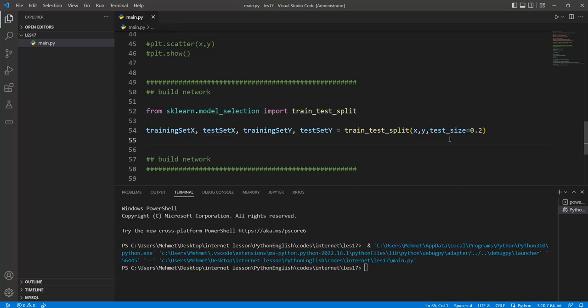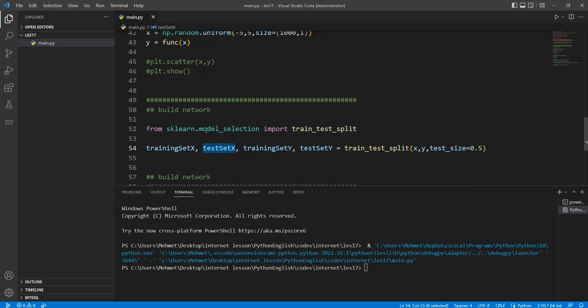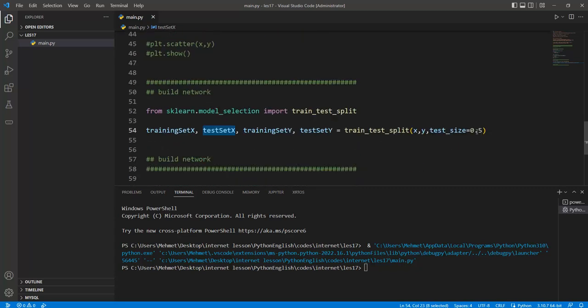Okay? And so if I change these terms like this one, test size, if the test size is equal to 0.5, and so the training possesses 50% of the whole data. Test also has 50% of the x and y value. But in applications or implementations, we generally utilize 0.2 or 0.3. Okay?